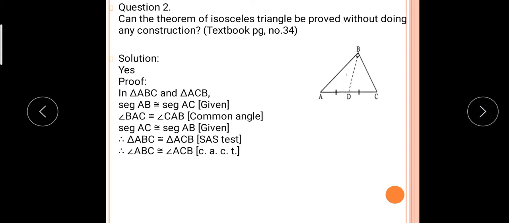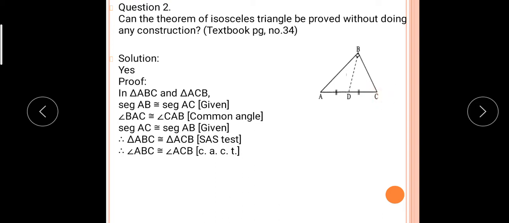Now see question number 3. Can the theorem of the isosceles triangle be proved without doing any construction? Now see. Proof. In triangle ABC and triangle ACB, AB is equal to AC.